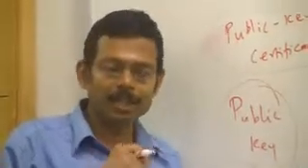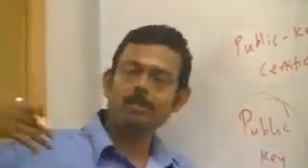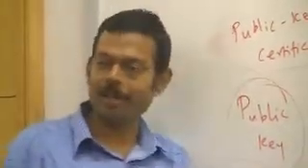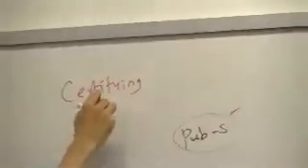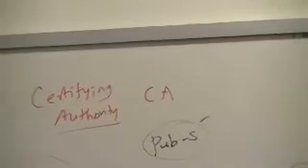Alright? So like that, here we need our public key to be digitally notarized or certified by a certifying authority. Okay? So that's like our notarization person. We call it a CA.